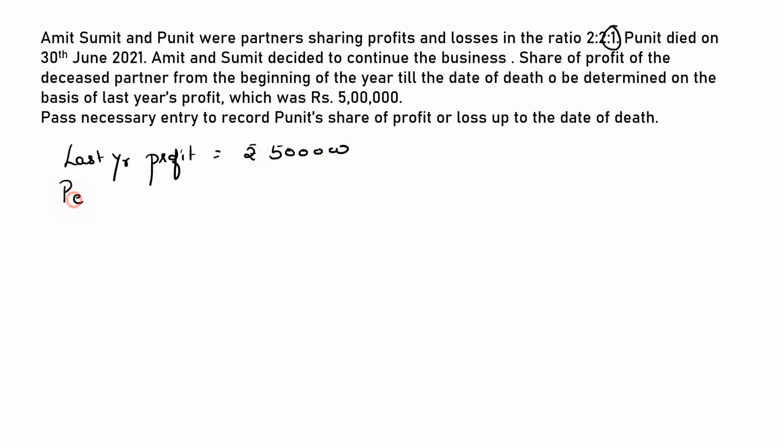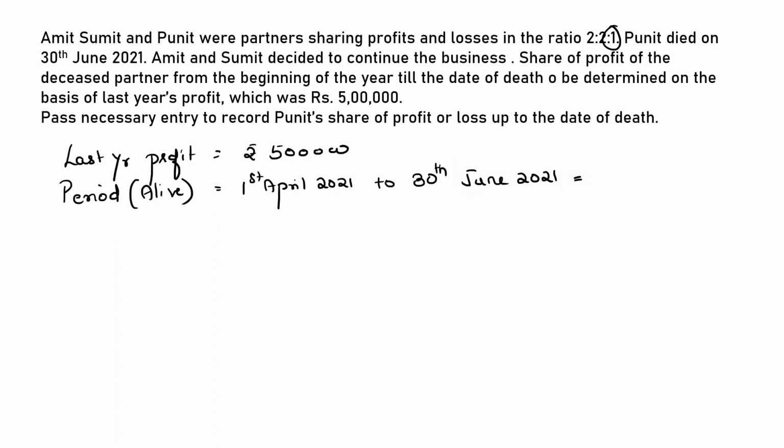The period for which he was alive was from 1st of April 2021 to 30th of June 2021, which means he was alive for 3 months. And the profit share of the deceased partner, that is Punit, who died, was 1/5. These are the basic information that we require.